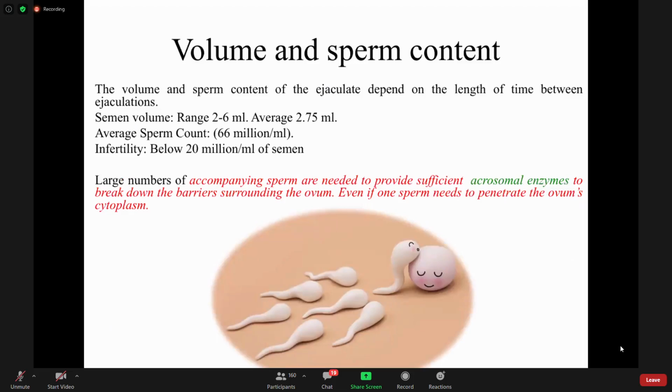It is very important that the semen has a large concentration of sperm in its count, because there need to be a lot of acrosomal enzymes to break down the ovum's defenses. Thus, it is not just one sperm that is going to attach itself to the ovum. It's kind of a group activity.